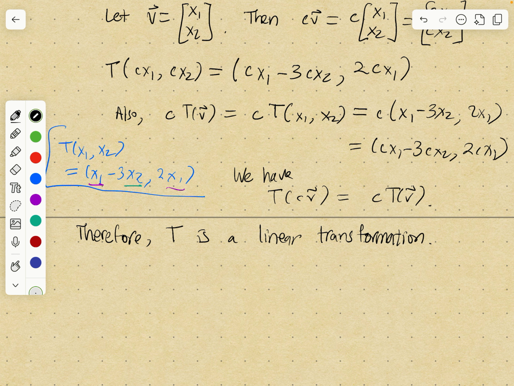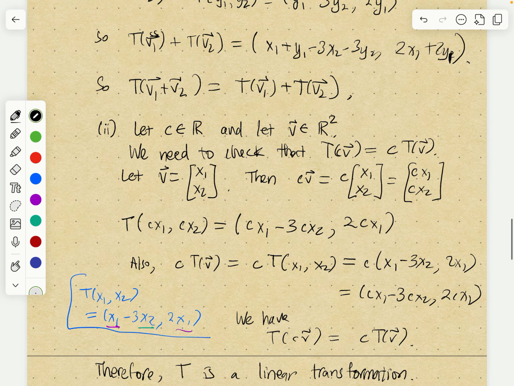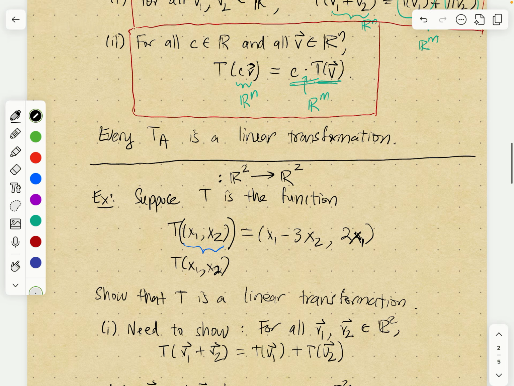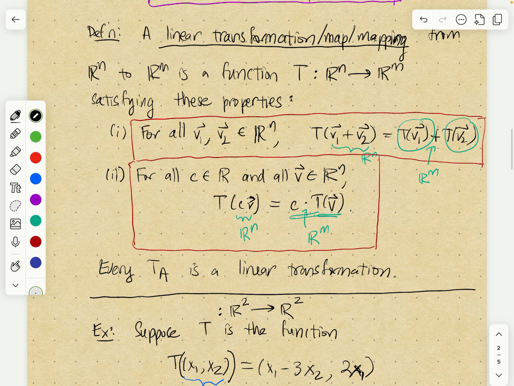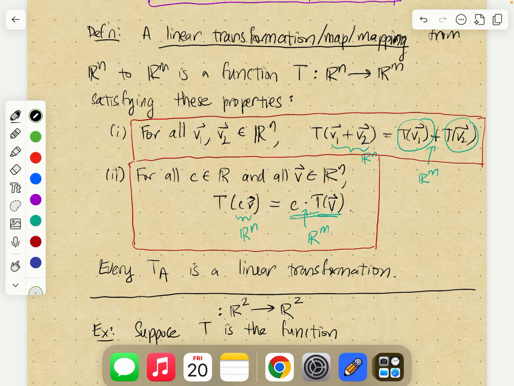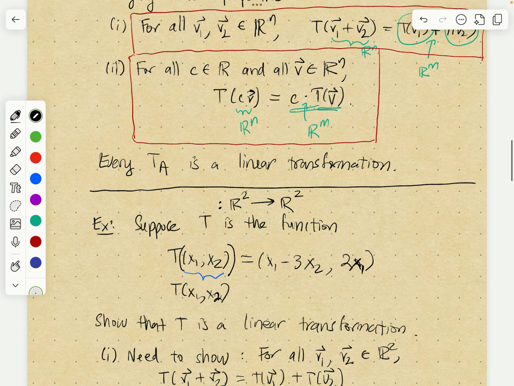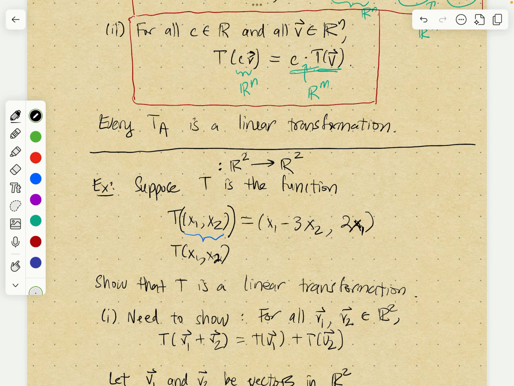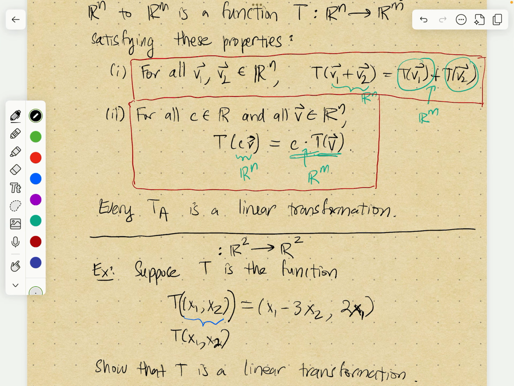It's time consuming, but the process is actually pretty straightforward. You need to show that the two conditions of being a linear transformation are satisfied. And to do that, to show number one, it always starts off with let v1 and v2 be in Rn, and then in this case, since you're given the formula for T in terms of the components, you want to work with the components of your v1 and v2.